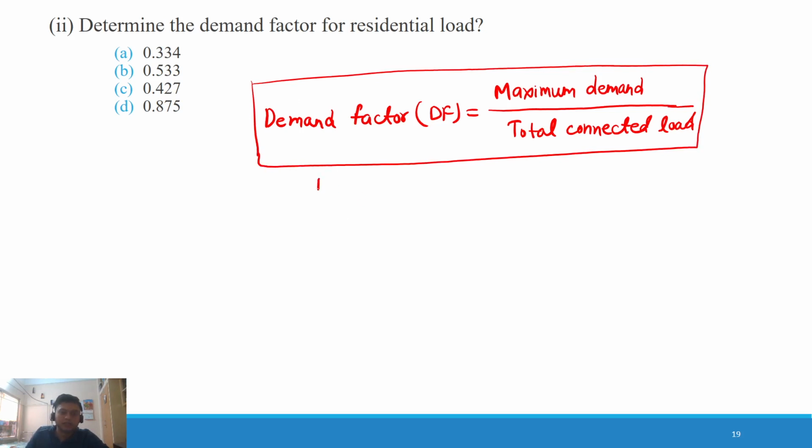So maximum demand for residential load, it is asked about the residential load. So for residential load we are having maximum demand. We can see in the table what is the maximum demand for residential load.